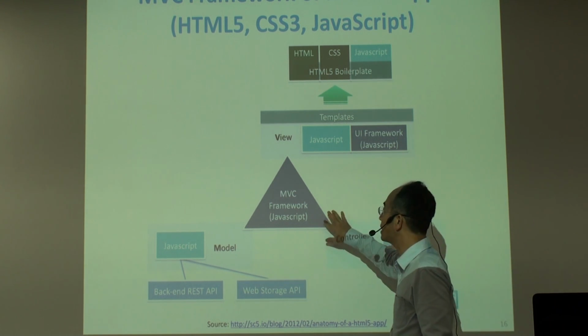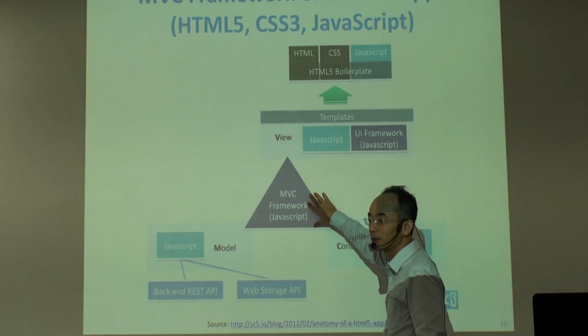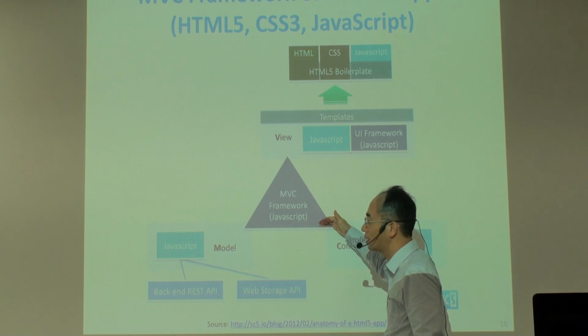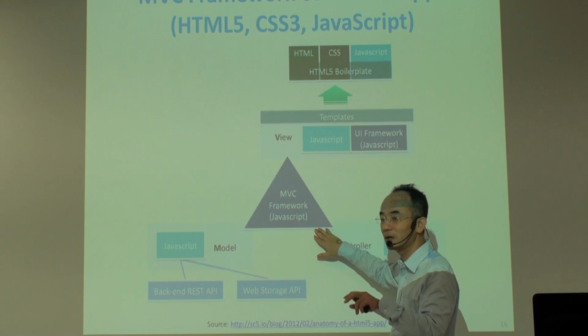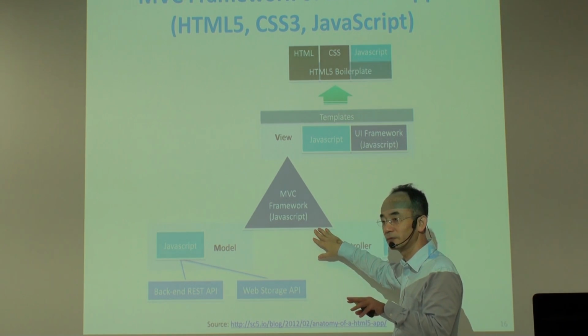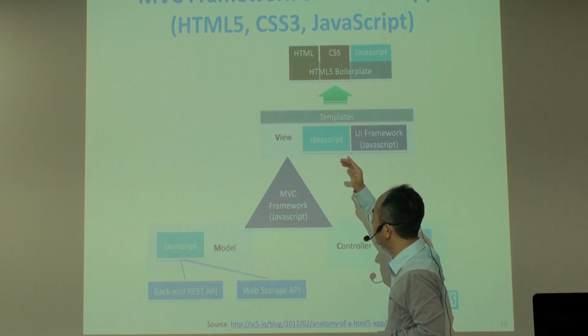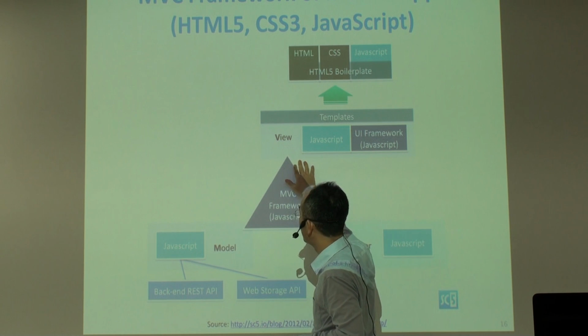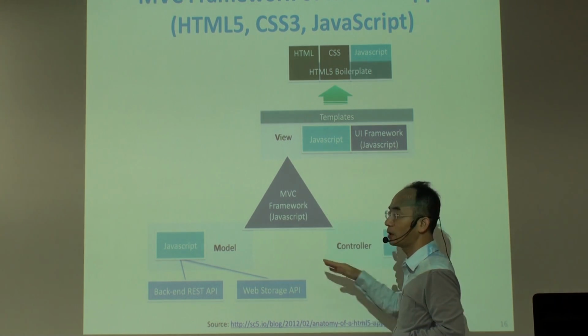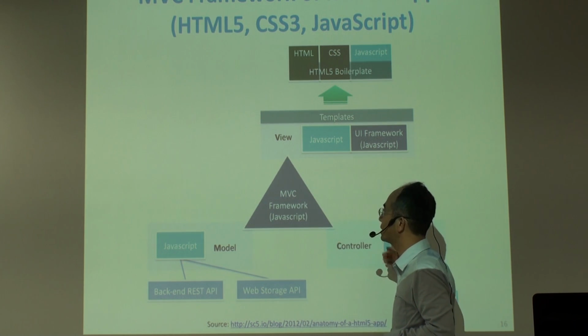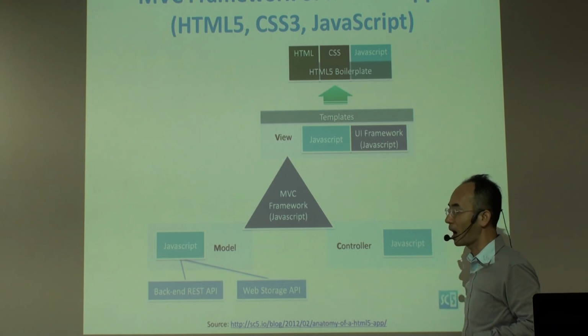So here is the MVC framework. The fundamental part is JavaScript, because that is business logic, right? And you have model, view, and controller. We call it the MVC design pattern.